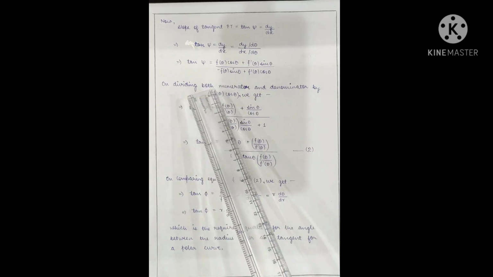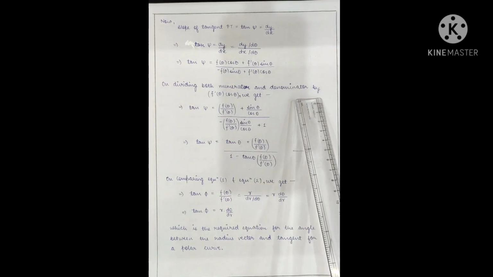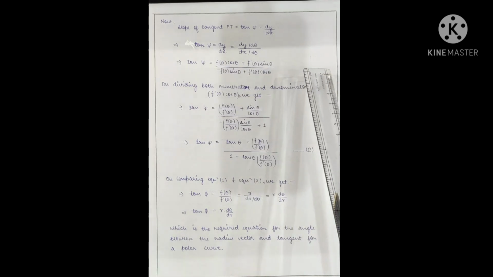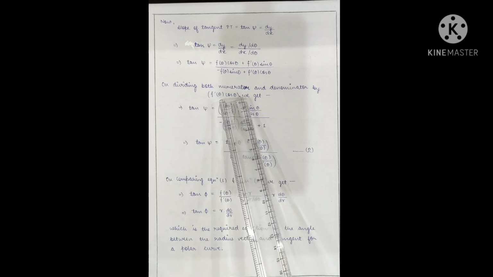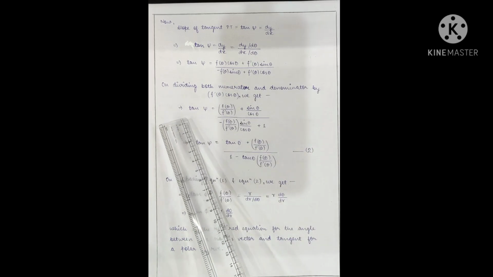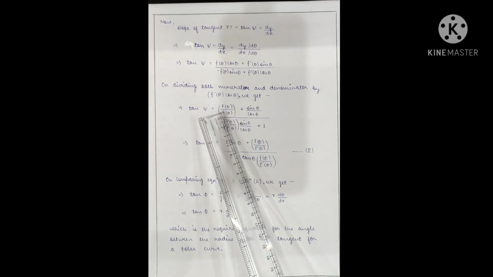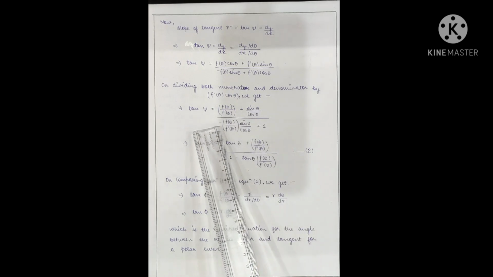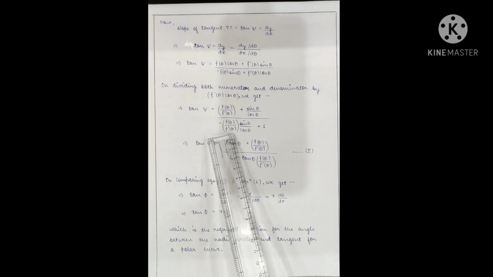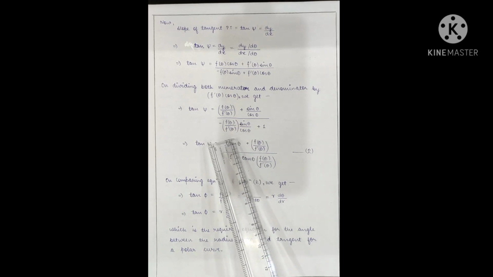Now, on dividing both numerator and denominator by f'(theta) cos theta, we'll get tan psi = (f(theta)/f'(theta) + sin theta/cos theta) whole upon (-f(theta)/f'(theta) into sin theta/cos theta + 1).